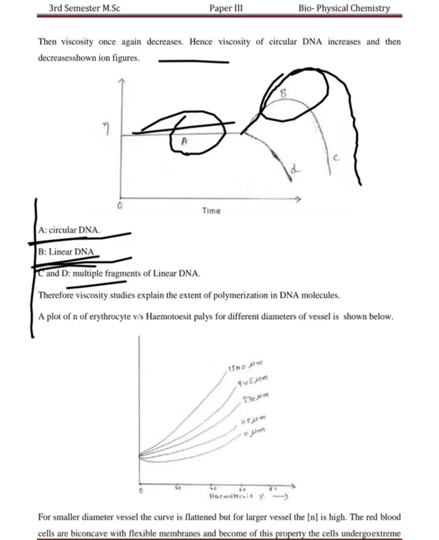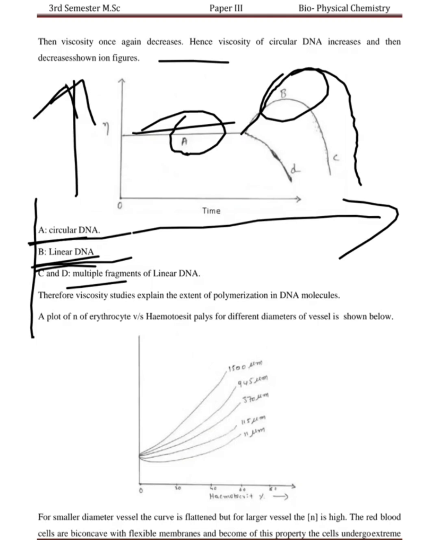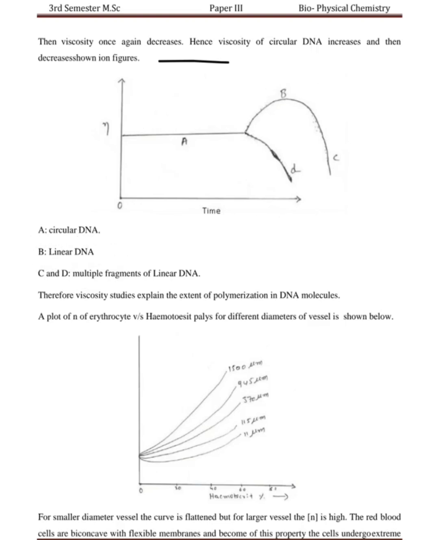Here, time is taken on the x-axis and viscosity on the y-axis. So how the viscosity changes with respect to time: circular DNA will always be stable, and the viscosity of linear DNA, that is B, will increase and then decrease with respect to time.